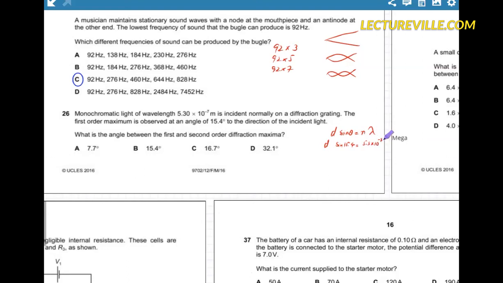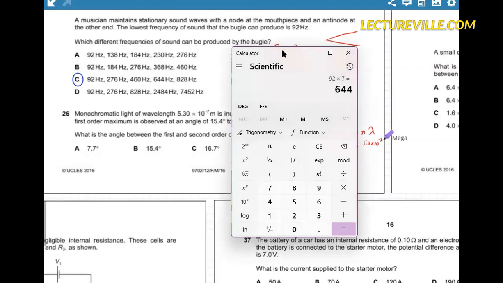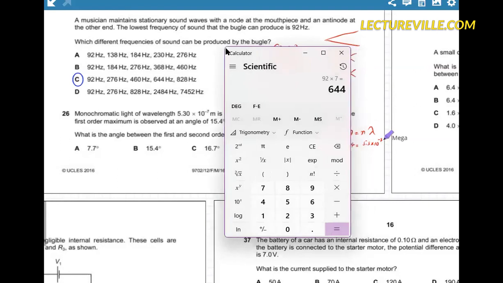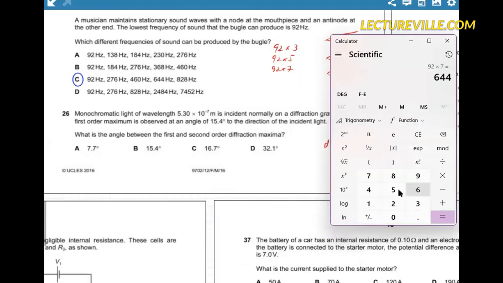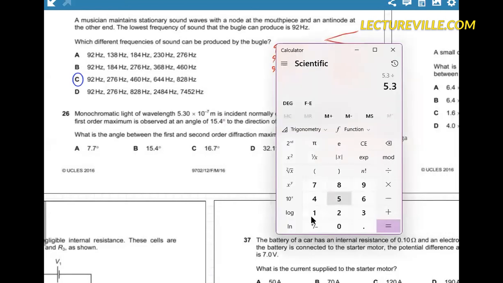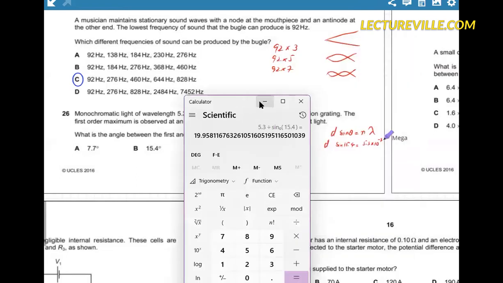So getting my calculator out, 5.3 divided by sine 15.4 equals 19.19 into 10 to the power minus 7.